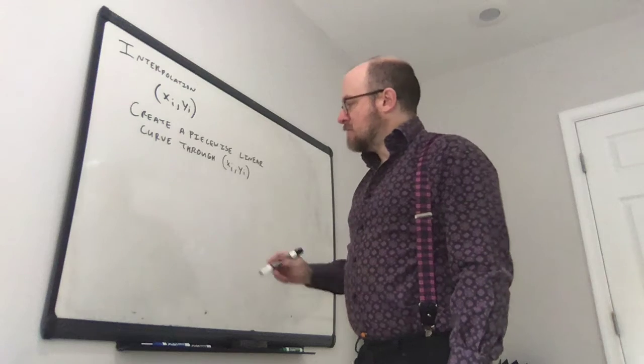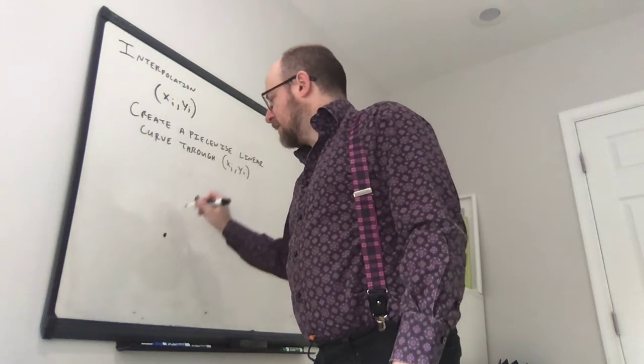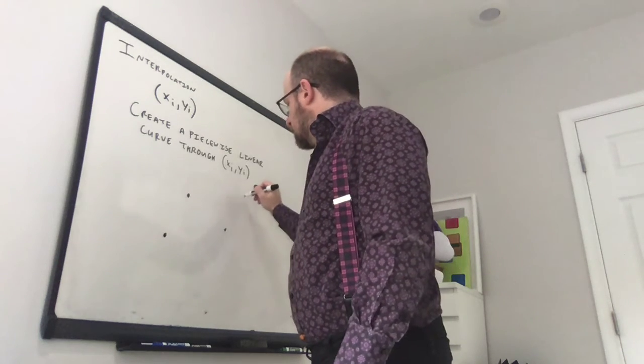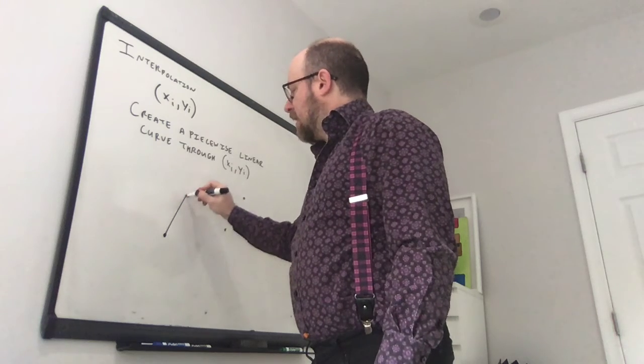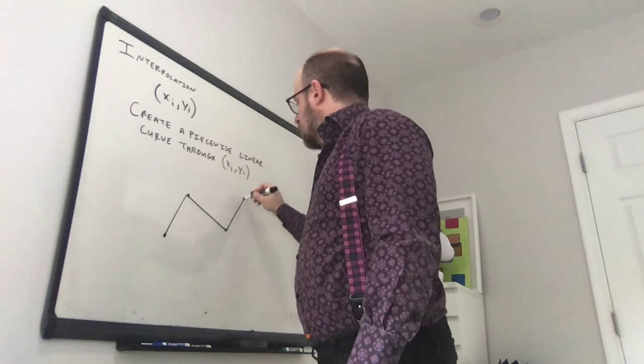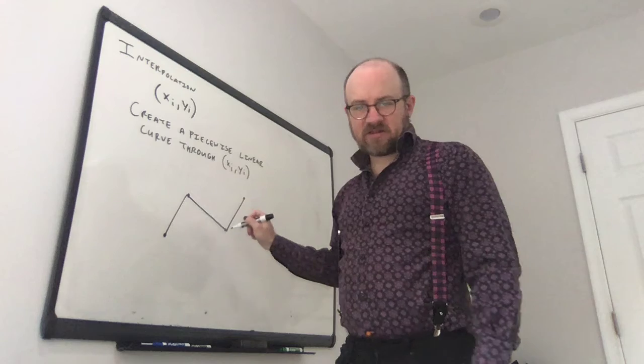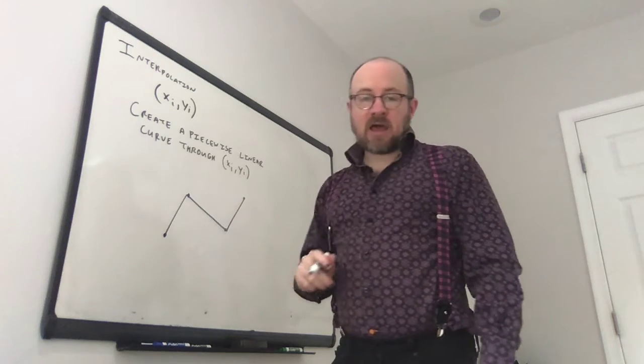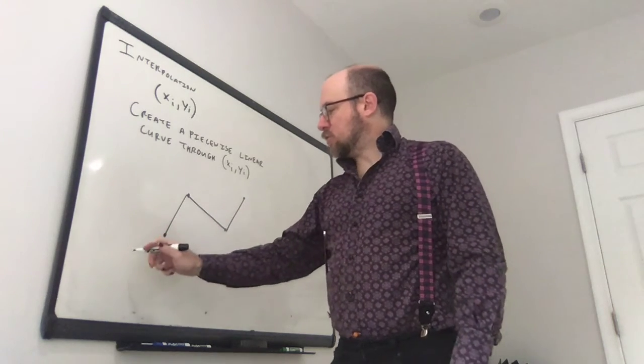Graphically, if we've got these points, we're going to find the line between each pair of points, find the equation for that, and then we can use that to interpolate.